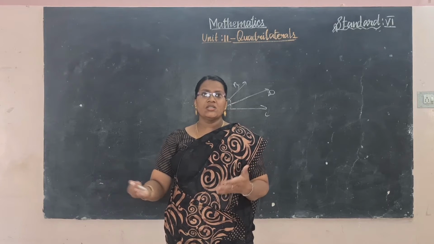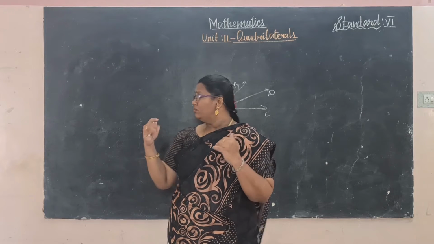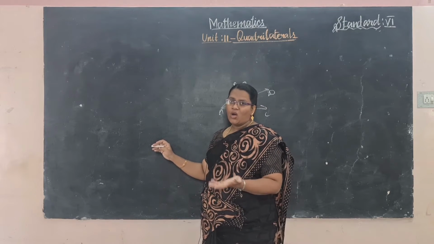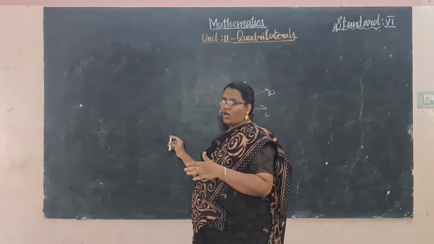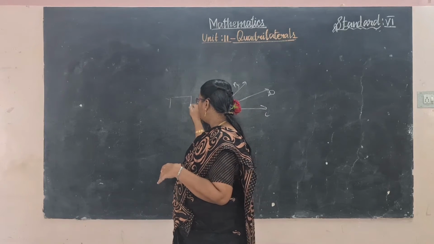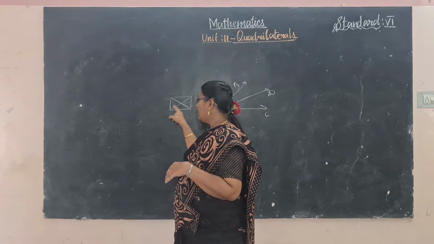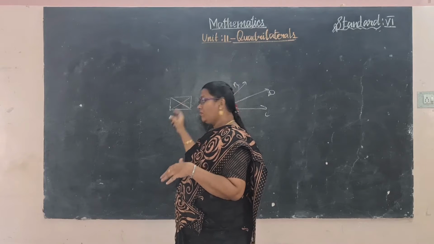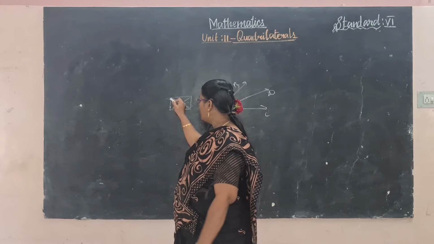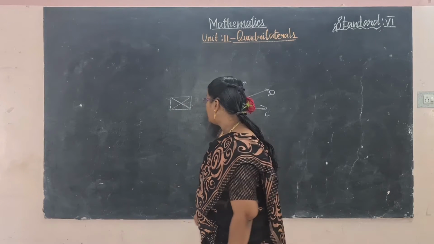That is called the convex quadrilateral. Here is one example, a rectangle. It has only 2 line segments inside, not outside of the boundary. These 2 are called the diagonals of the quadrilateral.